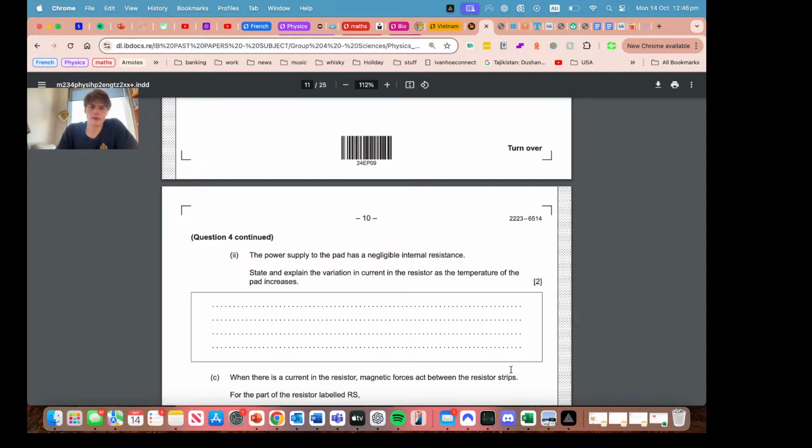So the design of the pad encloses the resistor in a material that traps air. The design also places the resistor close to the top surface of the pad. Okay, great. Explain with reference to thermal energy transfer why the pad is designed this way. So we need to get 3 points. So traps air. Let's think about that word first.